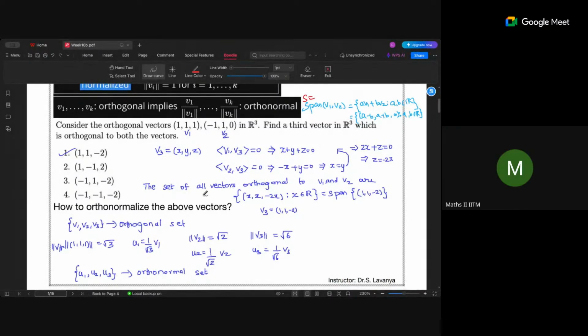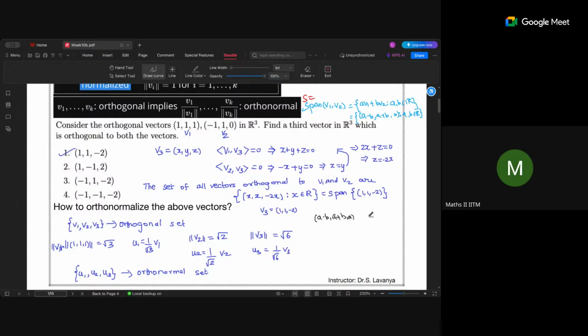We already saw that all the vectors orthogonal to v1 and v2 are given here. Now let us take one vector from here and one vector from here, and we will see what is happening. Let's take one vector from S: a minus b comma a plus b comma a.